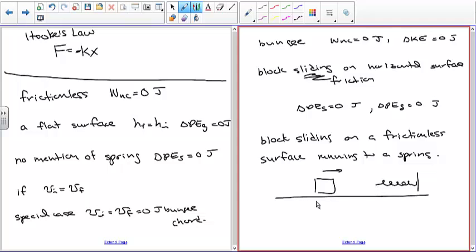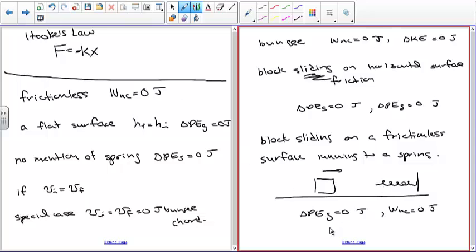Under those circumstances, one is there's no change in gravitational potential energy. Because it says frictionless, there's no non-conservative work. So all you're left with in this case is the change in kinetic energy balances the change in spring potential energy.